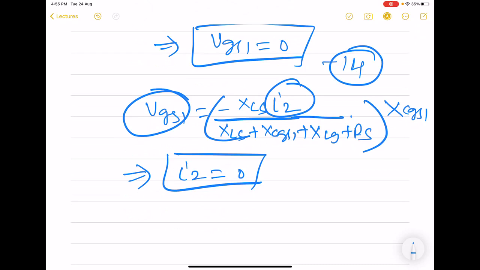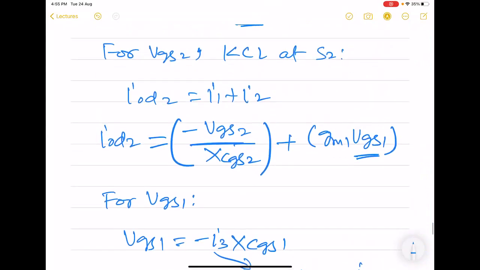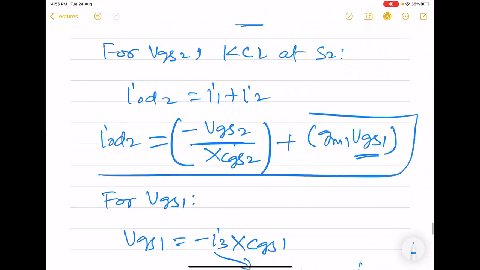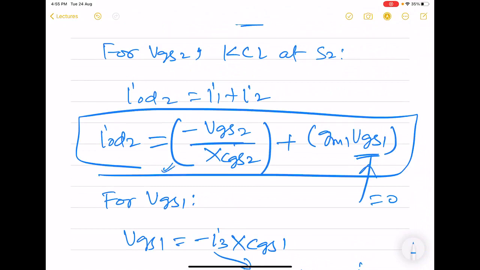Right. So now we know that VGS1 is 0. So we can find out IOD2 from this equation, where this VGS1 is equal to 0. So IOD becomes simply equal to this first factor.